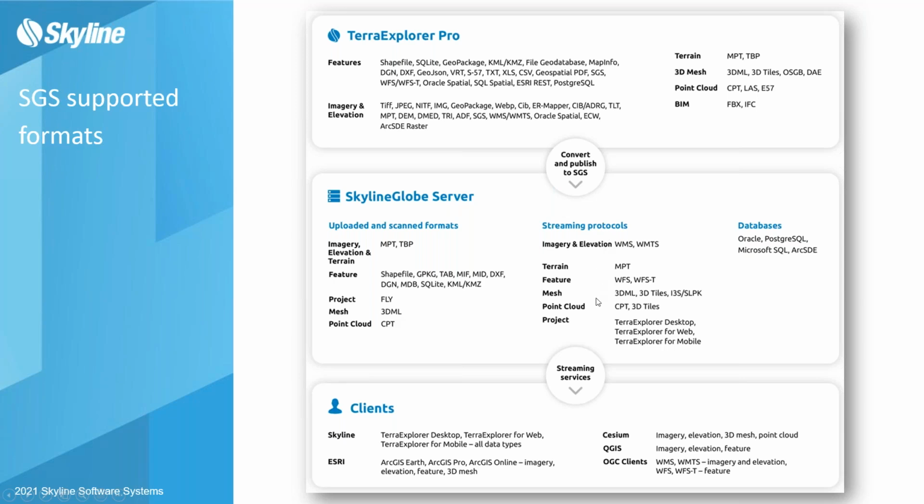Then we have the streaming protocols, which is how Skyline Globe server actually serves all this information, whether as MPT or as WMS and WMTS for other OGC clients, as WFS and WFST. T stands for transactional, so you can actually make edits from the client side and the server will store this information in the original data source.